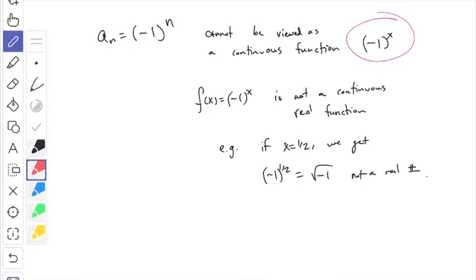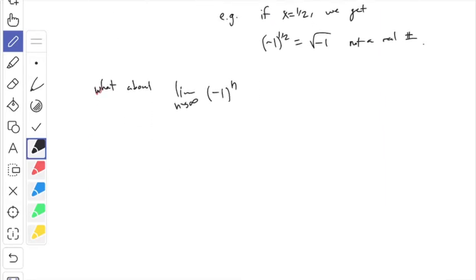But anyway, what about the limit as n goes to infinity of (-1)^n? Well, if you just write out the terms of this sequence, when n is 1, you get -1, when n is 2, you get 1, and when n is 3, you get -1. This just bounces back and forth between 1 and -1.